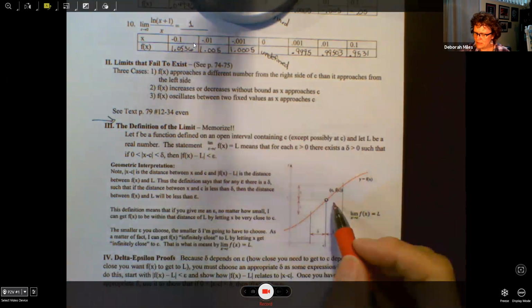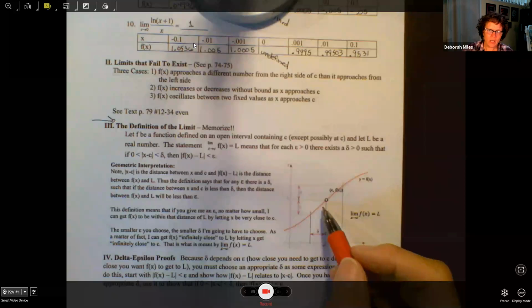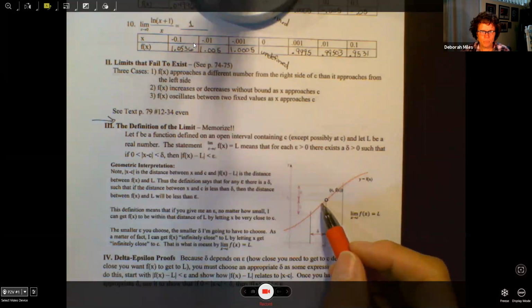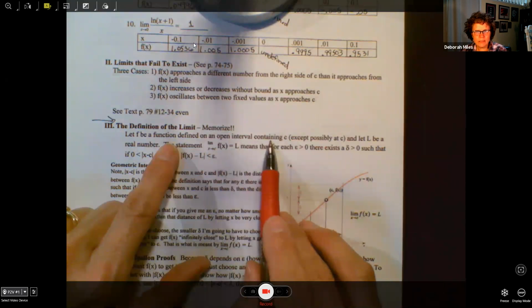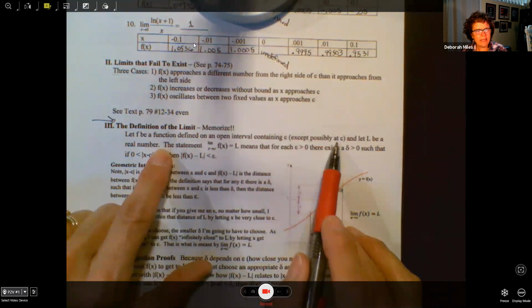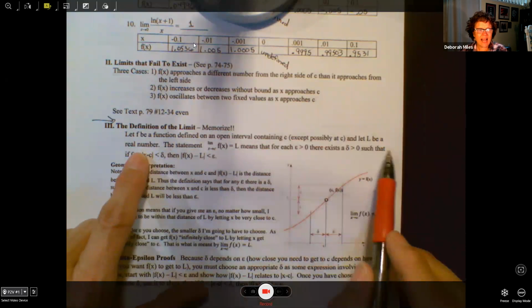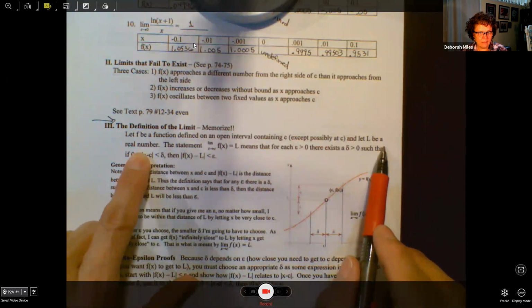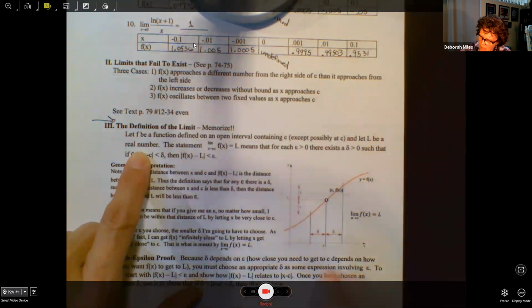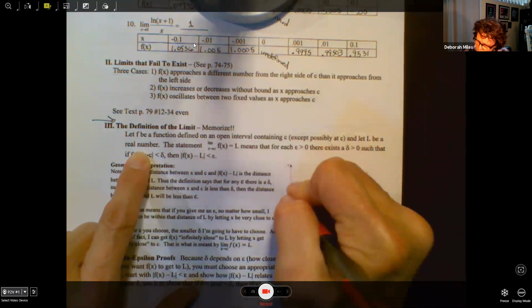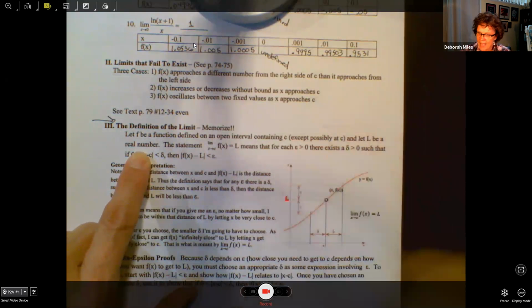We don't have to necessarily be able to actually let x be c. All right, let f be defined in an open interval containing c except for possibly at c, and let L be the bullseye. L is what we want the function value to be at c.